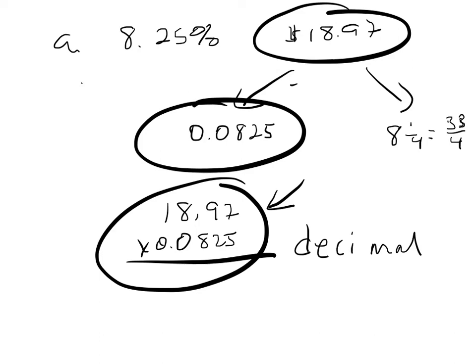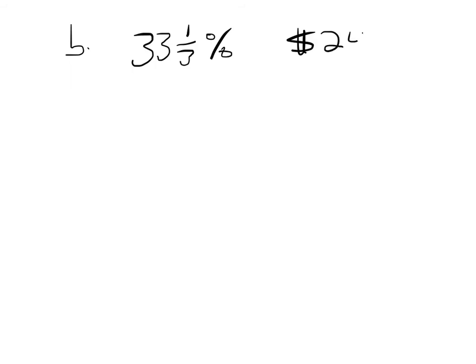All right, and now we go on to B here. Again, do I want to use a decimal or a fraction? Let's see. Shirts are on sale for 33 1/3% off, so a third off. How much is saved on a $24 shirt? So I can multiply that by 0.333, repeating there, or I could go by the fraction 1/3.